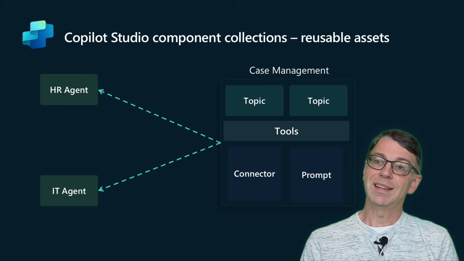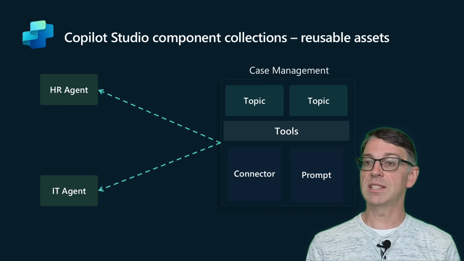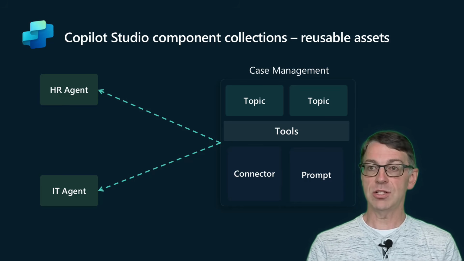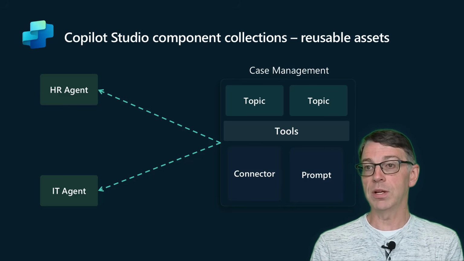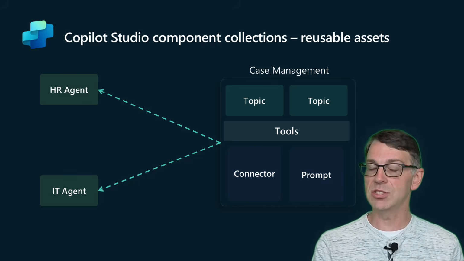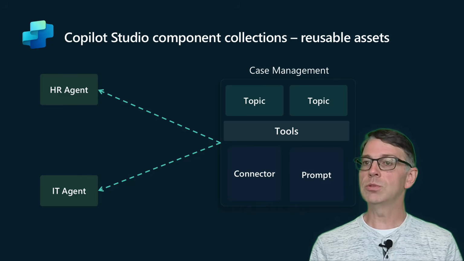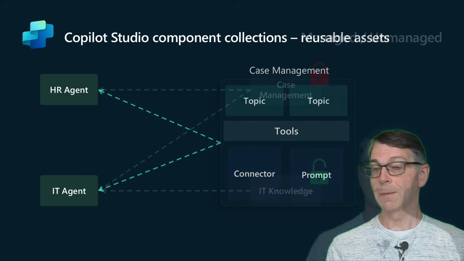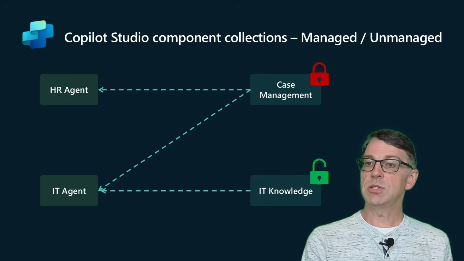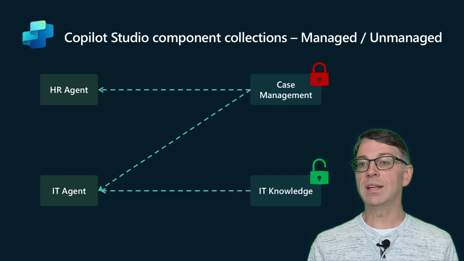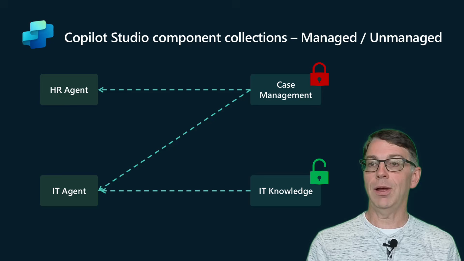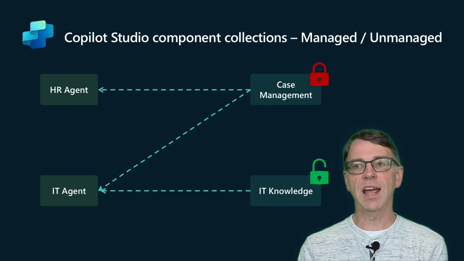Again, these are the key concepts behind a component collection: because it is just a shared group of components, you can make those available to multiple agents. Now you can also do other things. Case management, for example, could be created as a component collection and set up as managed, which means it's locked down.